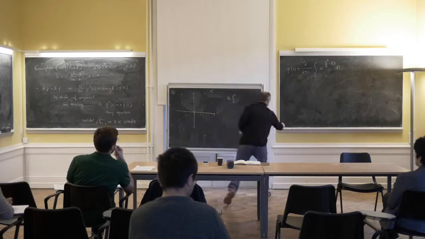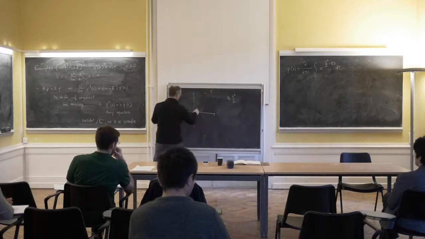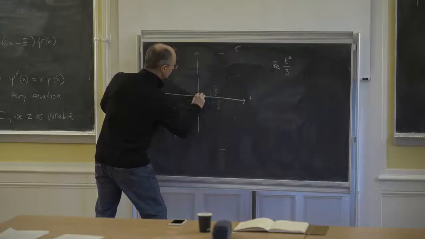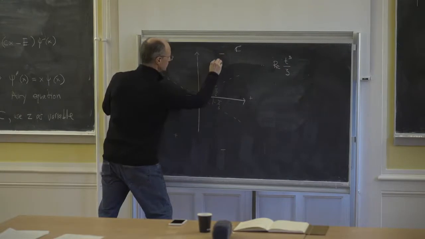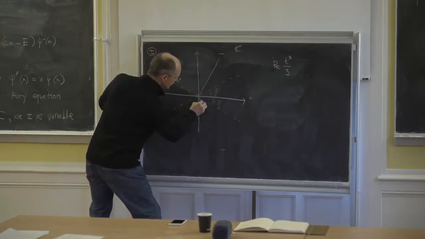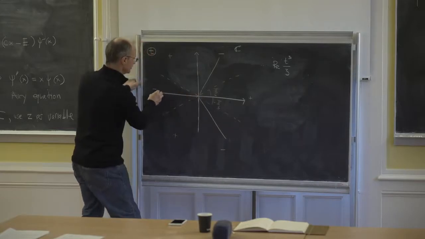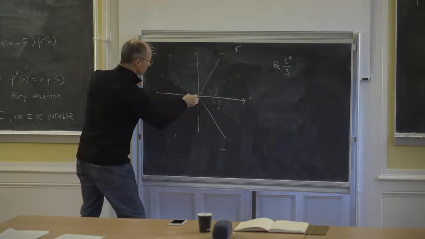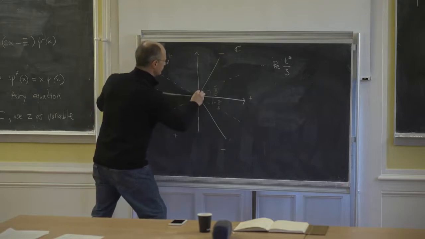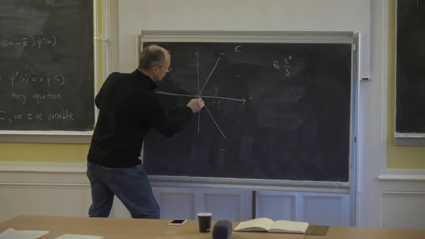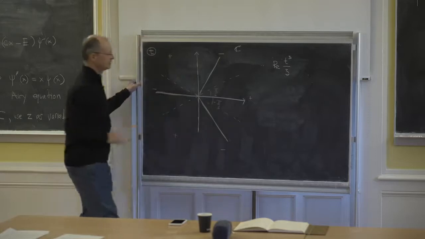So let me draw the lines, some rays, maybe in the middle, say. It doesn't matter so much. So let me draw the rays going to infinity in the negative sectors.